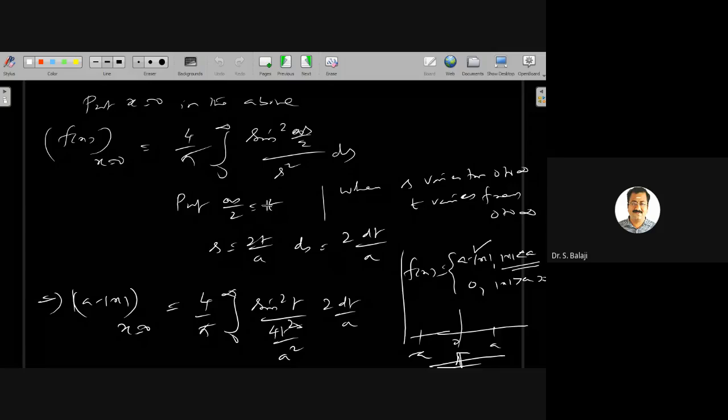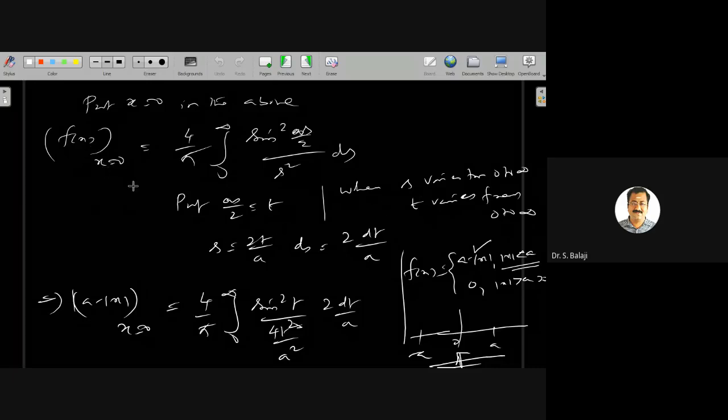When s is 0, t is 0. When s is infinity, t is also infinity. Therefore, when s varies from 0 to infinity, t also varies from 0 to infinity. There is no change in the limit. I substitute all these ideas here.